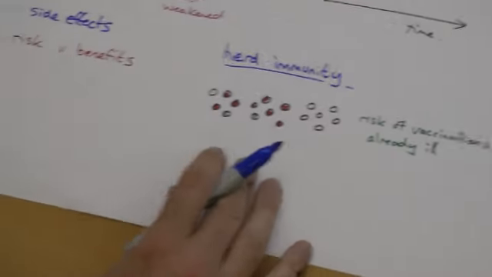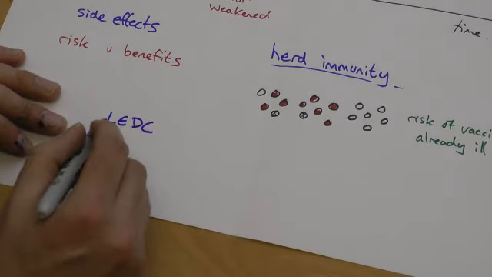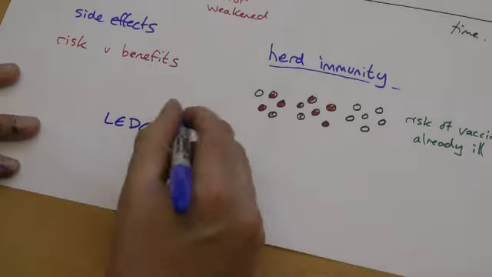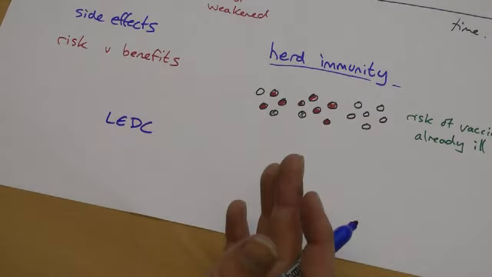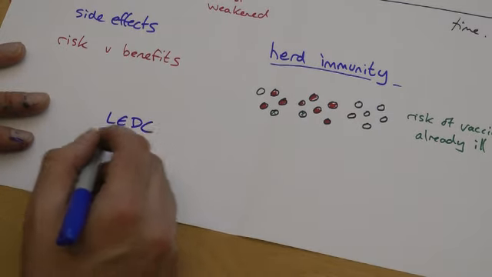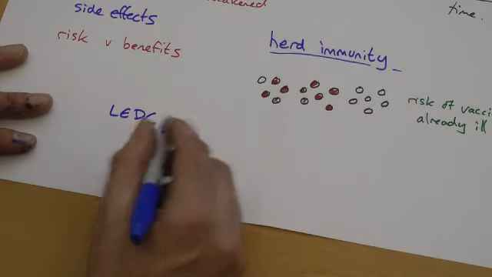It's worth also mentioning here the problem with, any geographers there might recognise this, less economically developed countries or third world countries, poorer countries which probably don't have as well developed a medical system.